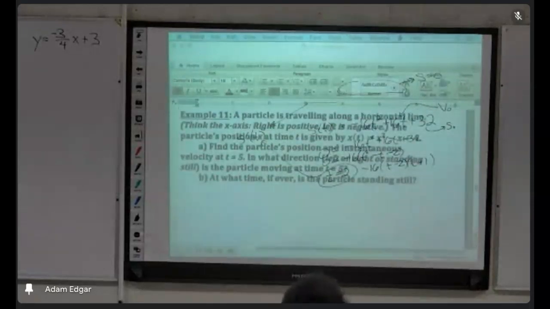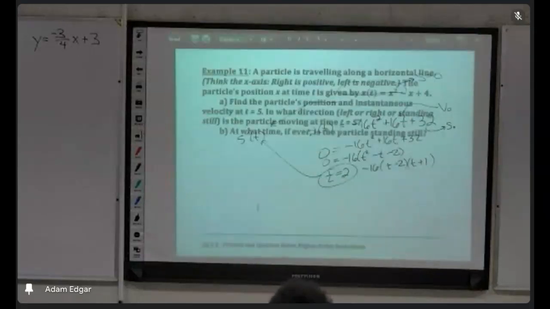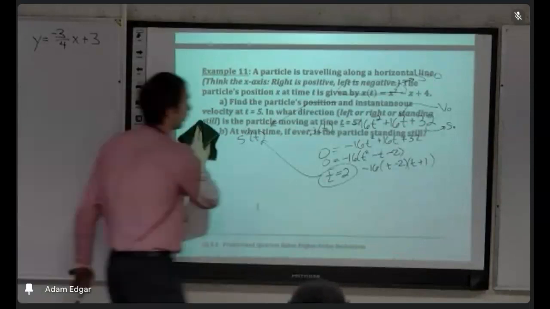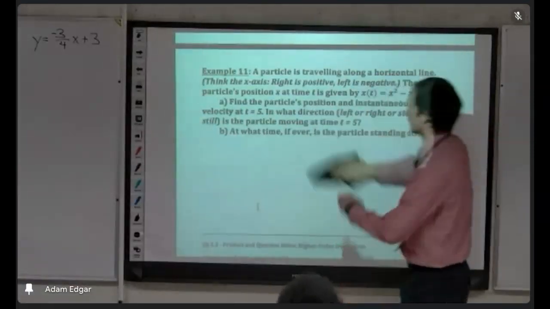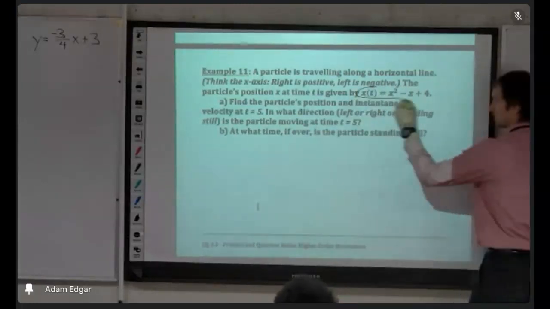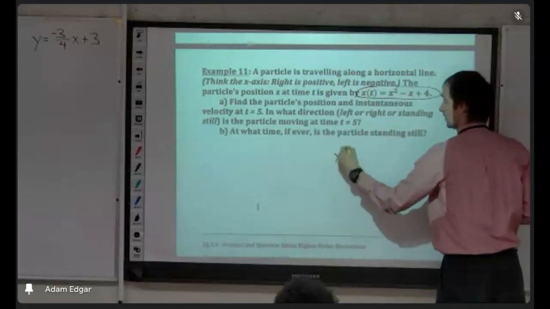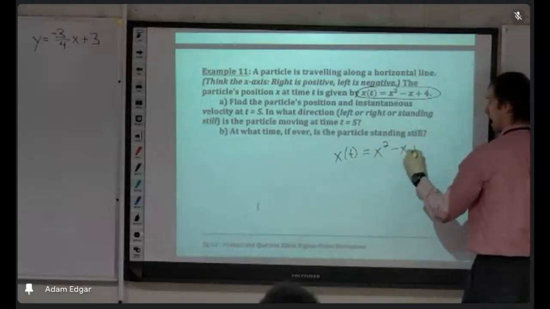All right, next problem here, and last one up here on the overhead. So this is left and right movement instead of up and down, so we don't have our usual negative 16ths. This is our position equation. So x is position now instead of s. Time is our input variable still.